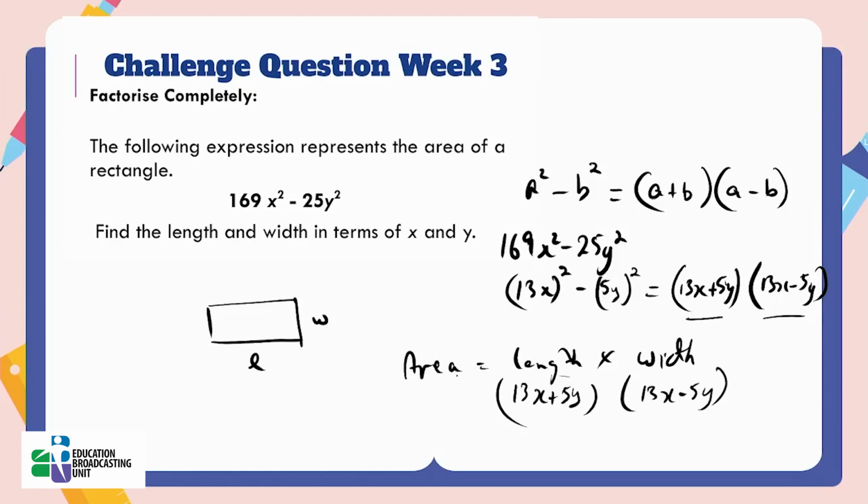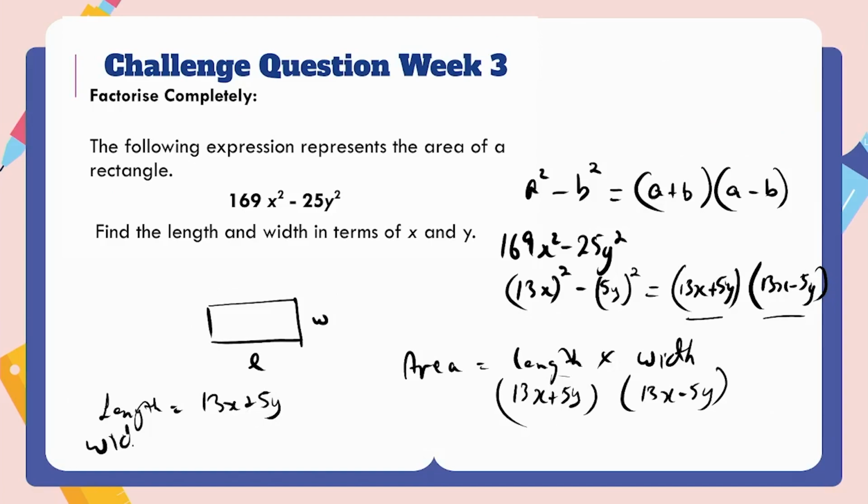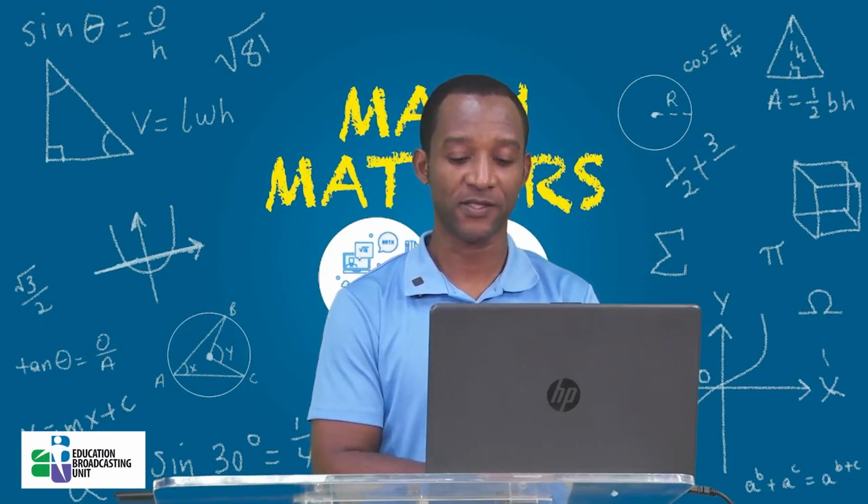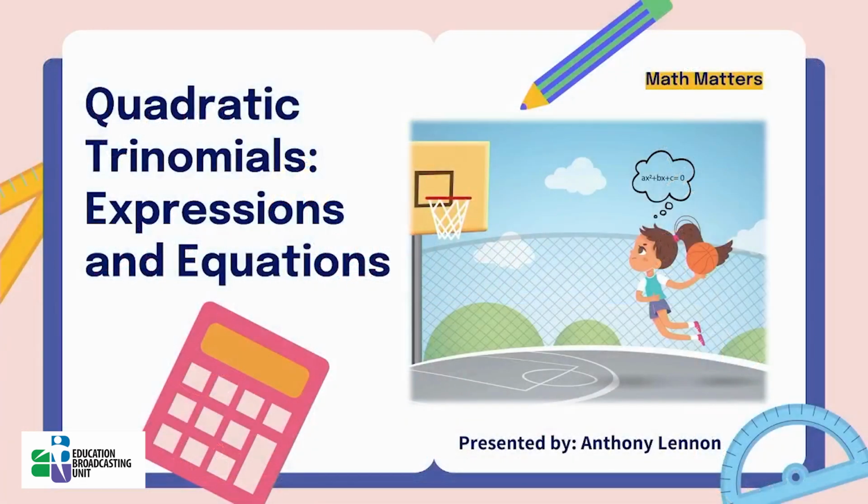All right, so we have both the length and the width in terms of x and y. So to answer the question, we can write length equals 13x plus 5y and width equals 13x minus 5y.